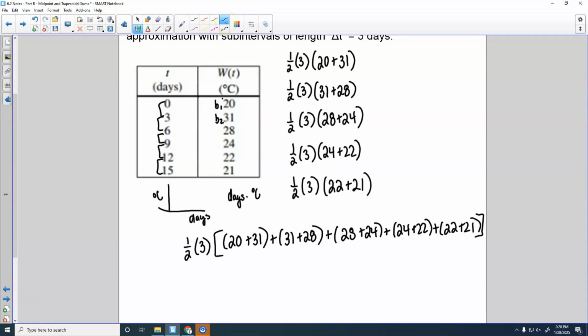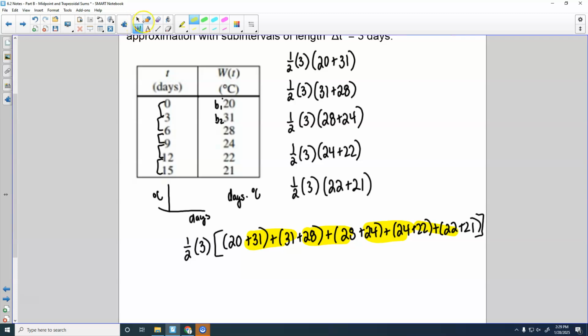Because this still looks pretty long to put in. What I see here is that 31's there twice, 28's there twice, 24's there twice, and 22 is there twice. 20 is only there one time, 21 is only there one time, right?